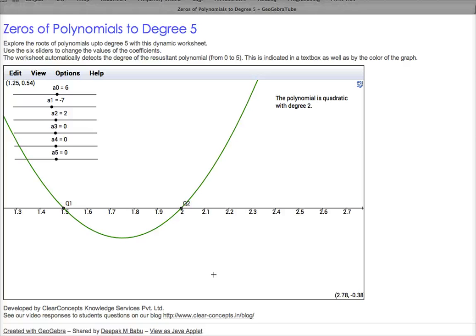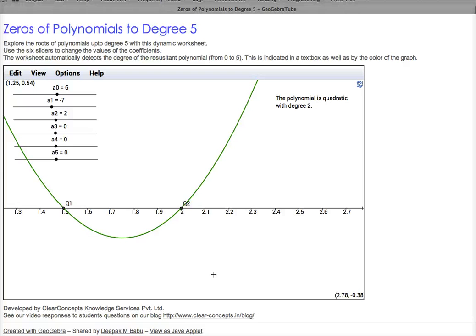Alright, very good. Okay, now let's take a look at a 3rd degree polynomial. Here's what I'm going to do. I'm going to set it for you here. My equation is going to be, well, not a 3rd degree, it's a 2nd degree polynomial.